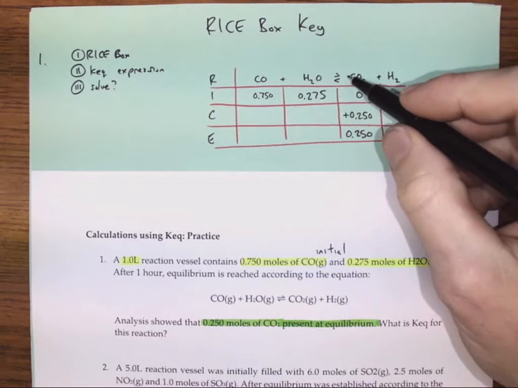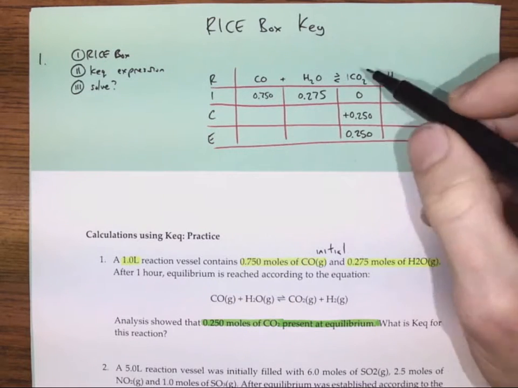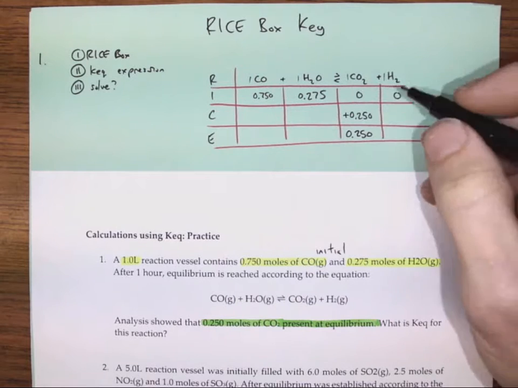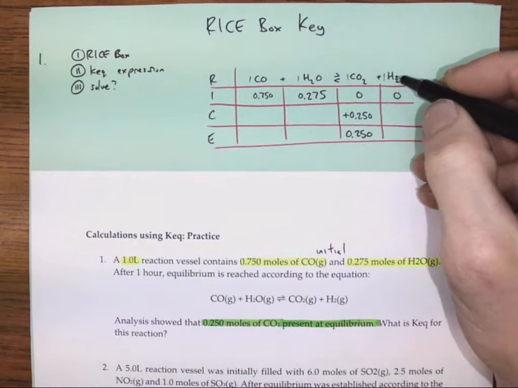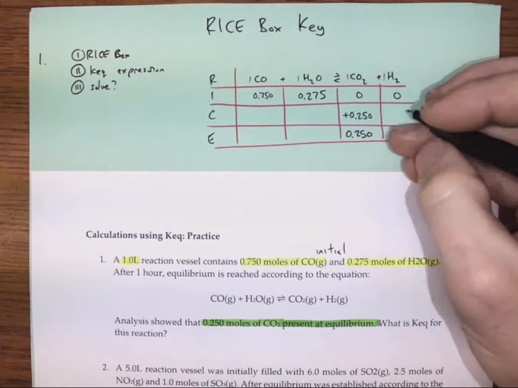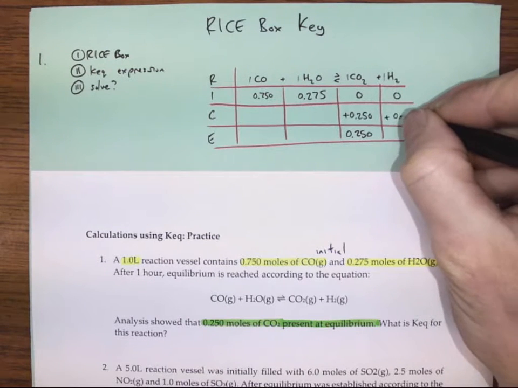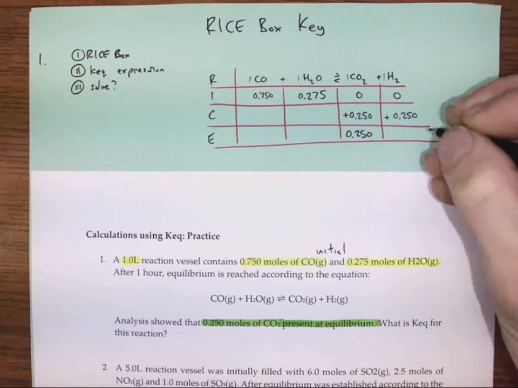Now, I can see there's a molar ratio that is consistent between each of these terms. So, for every mole of carbon dioxide that's made, a mole of hydrogen gas has to be made. It's a 1-to-1 ratio. So that means I must have added 1/4 mole of hydrogen gas.